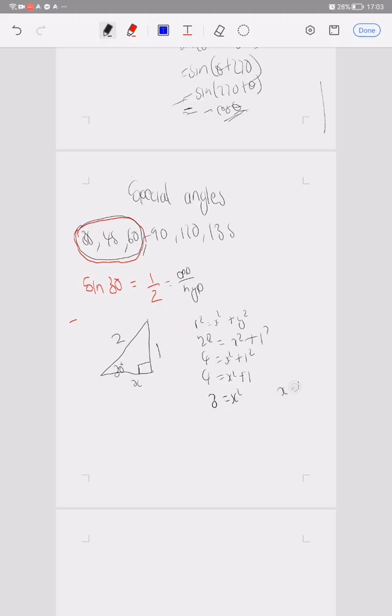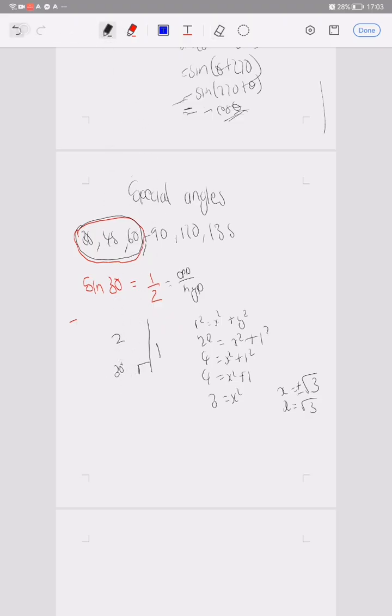Therefore x is equal to plus or minus the square root of 3. Remember that in the right-angled triangle you always take positive answers, so I identify my x as the positive square root of 3.